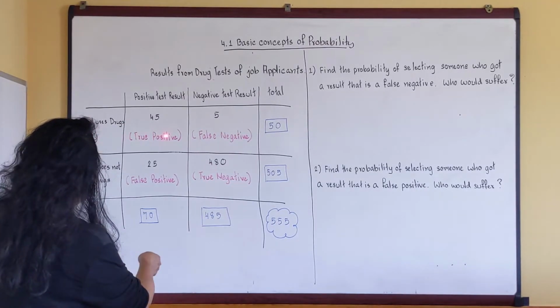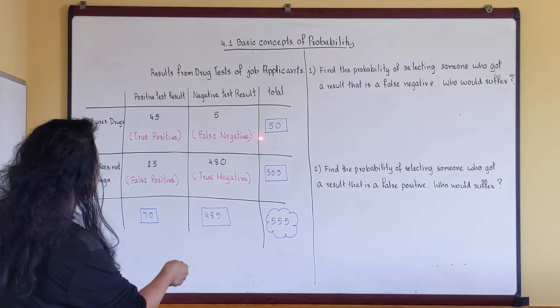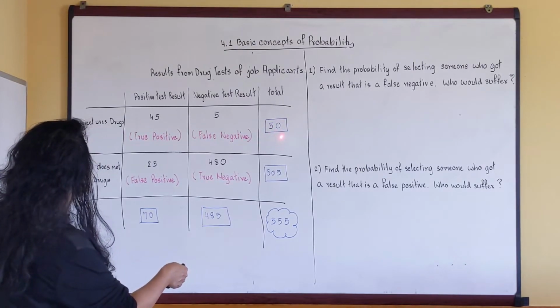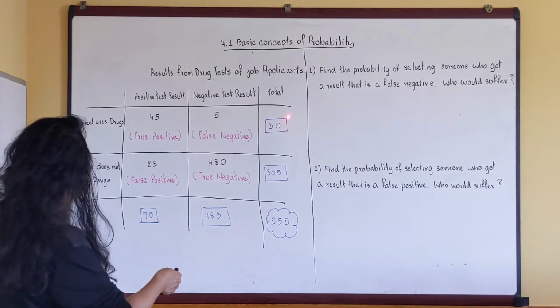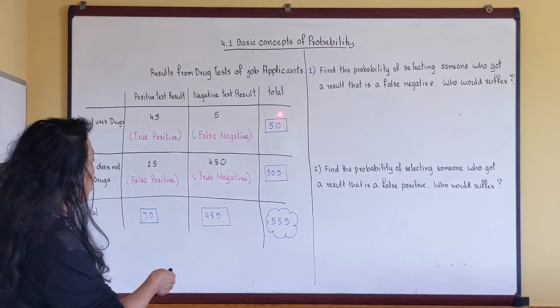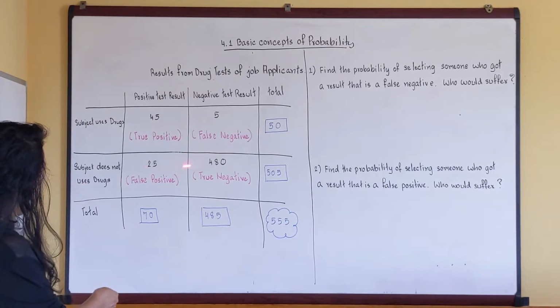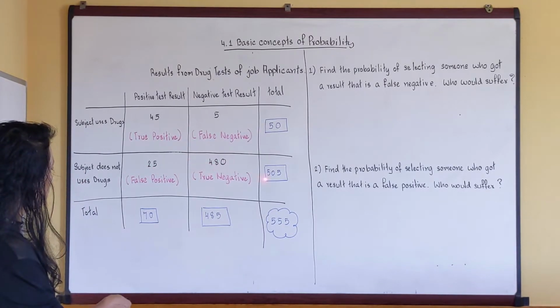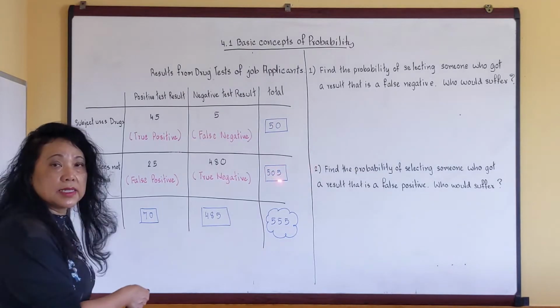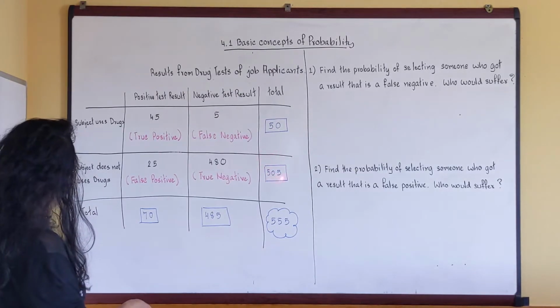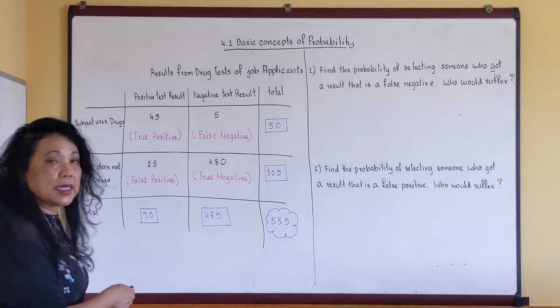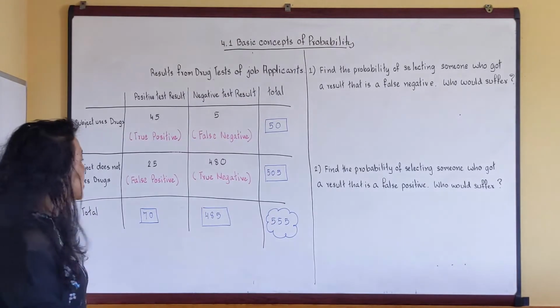So if I add all these horizontally, I got 50. It means everybody that used drug, that tested both positive and negative. This whole row I add 25 and 480, I got 505. This represents everybody that did not use drug, but tested both positive and negative.